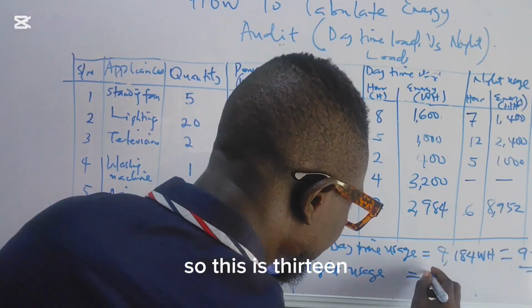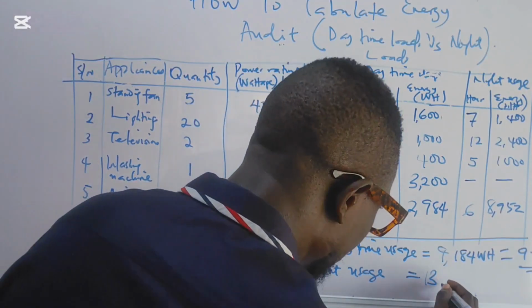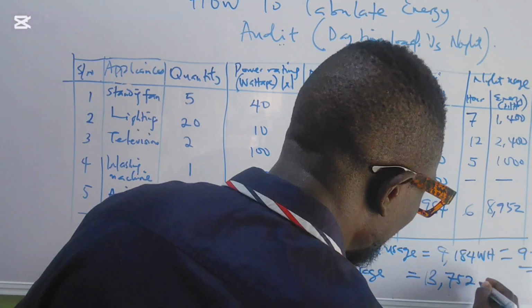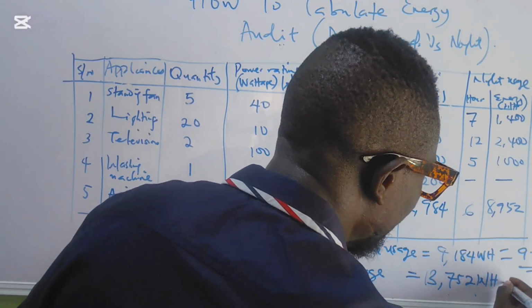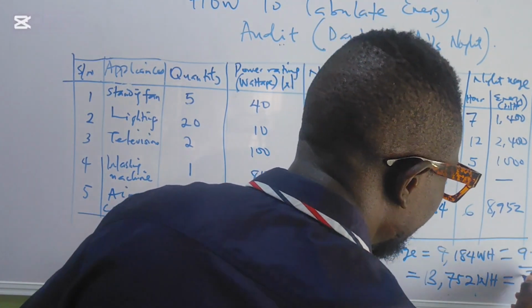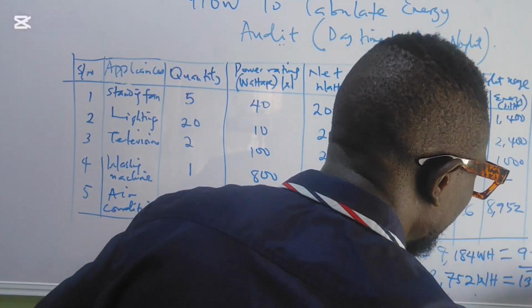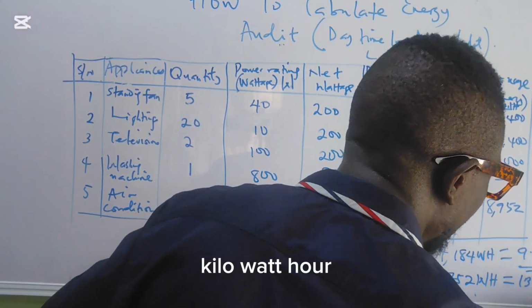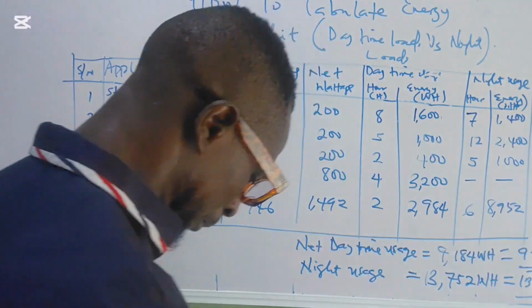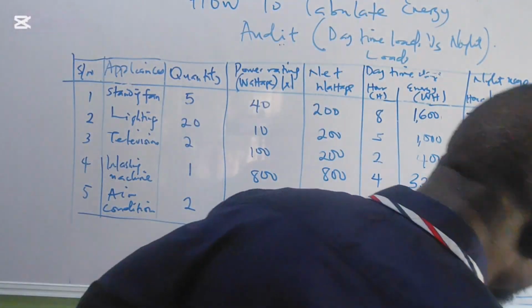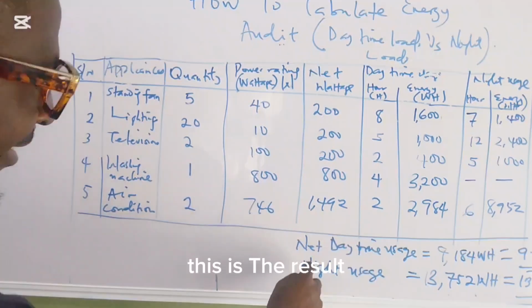So this is 13,752 watt hour, which is the same thing as 13.752 kilowatt hour. Now, this is the result.